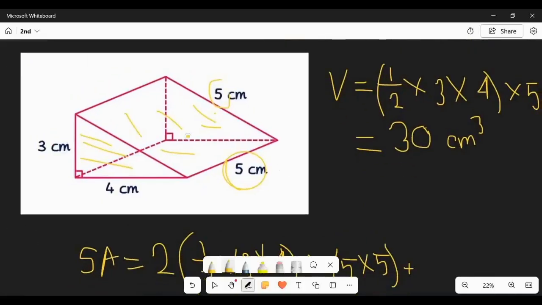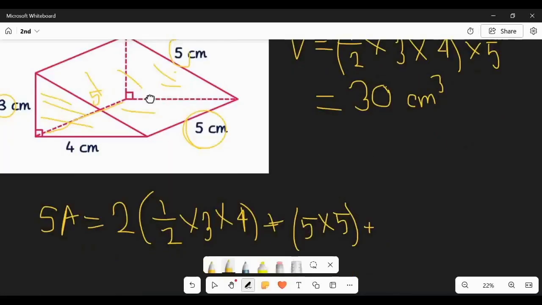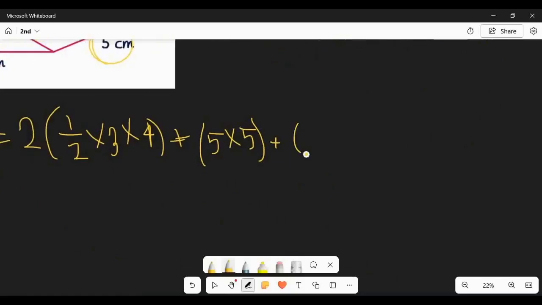Plus, now this rectangle at the very back, one length will be 3, and this one, like this line, would be 5. 3 into 5.